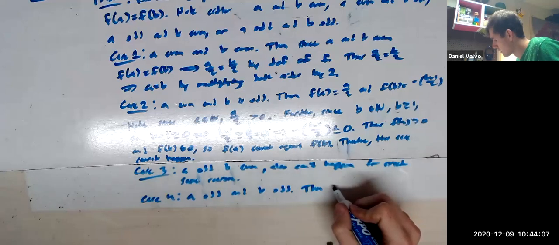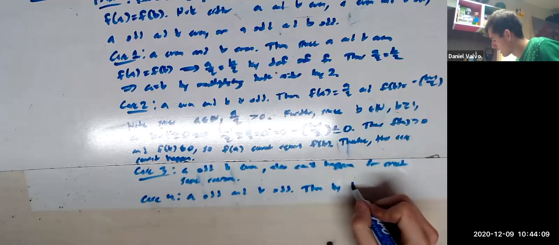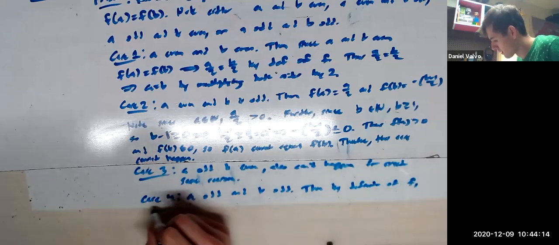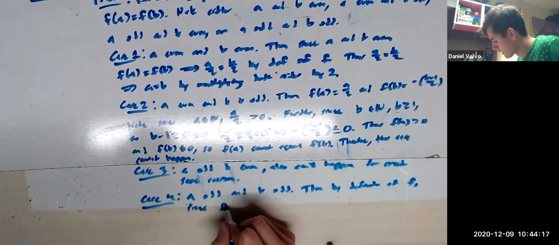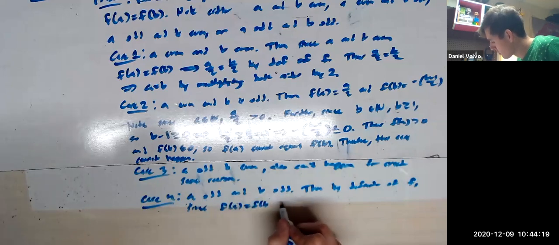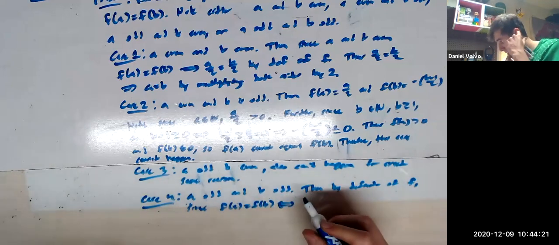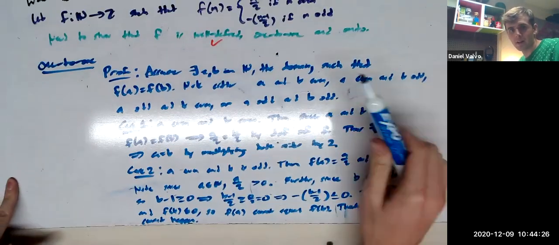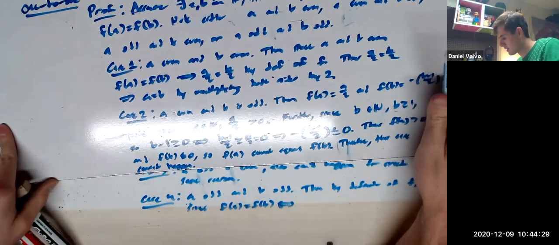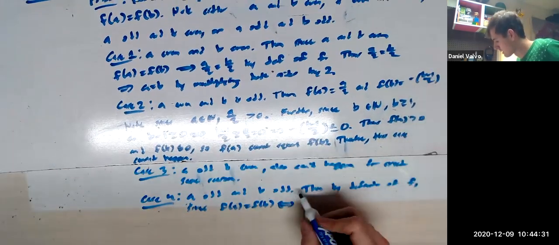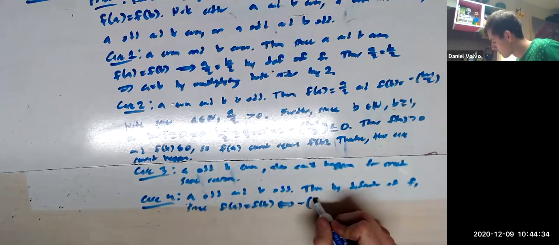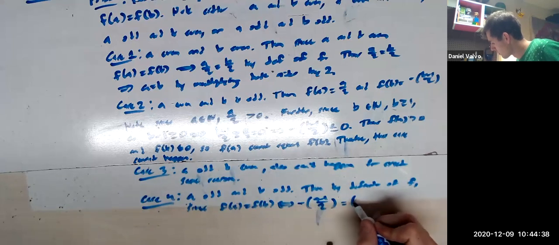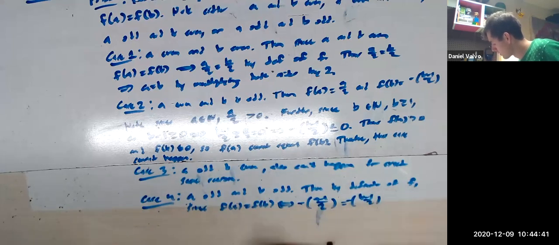Then, by definition of f, since f of A equals f of B, that implies, since A and B are odd, we're in this case right here. So that means that we use negative A minus 1 over 2 must equal negative B minus 1 over 2.